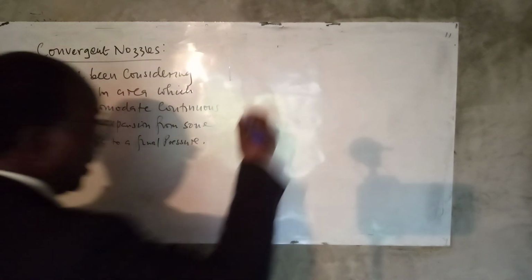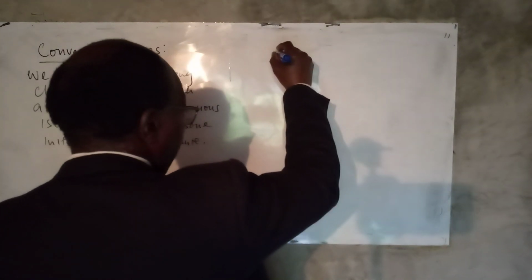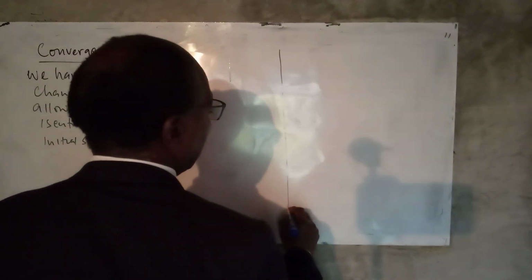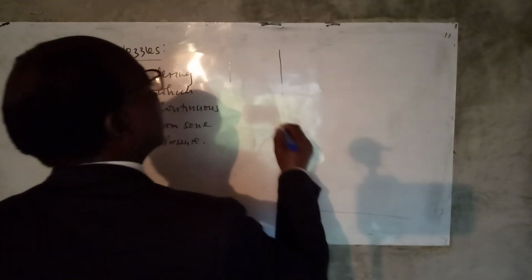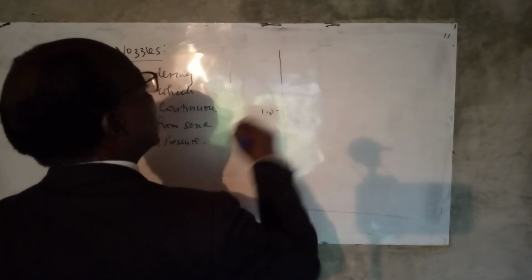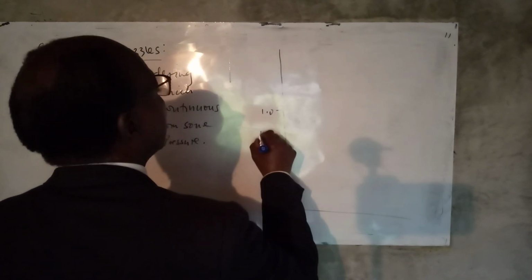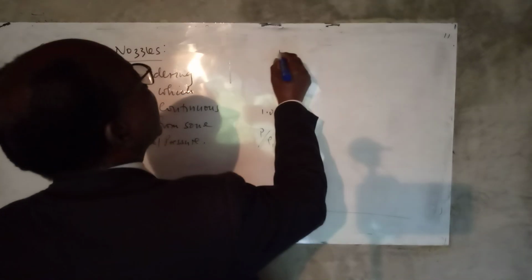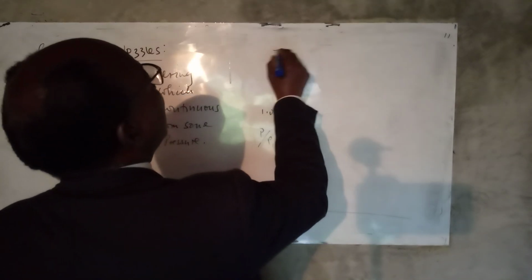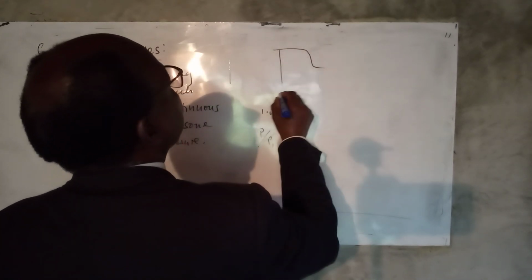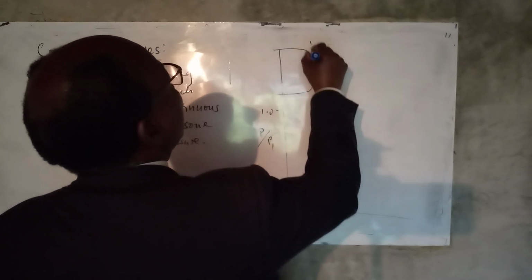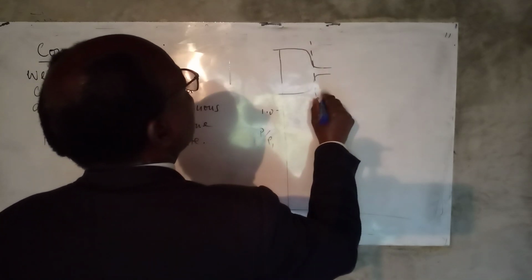Let's illustrate it diagrammatically. Let's call this unity as a 0 pressure ratio P1. And let's just have our nozzle there. Let's call that plane 2.